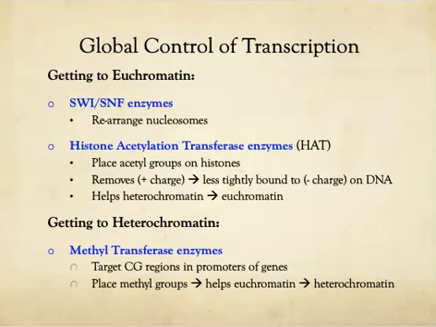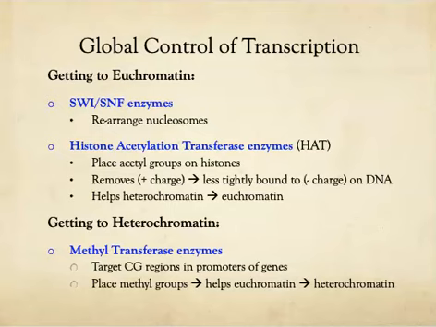Let's take a minute and talk about how a cell can move regions of DNA between the heterochromatin state and the euchromatin state. Now, in order to move a region of DNA toward euchromatin, there are two families of enzymes that are involved.